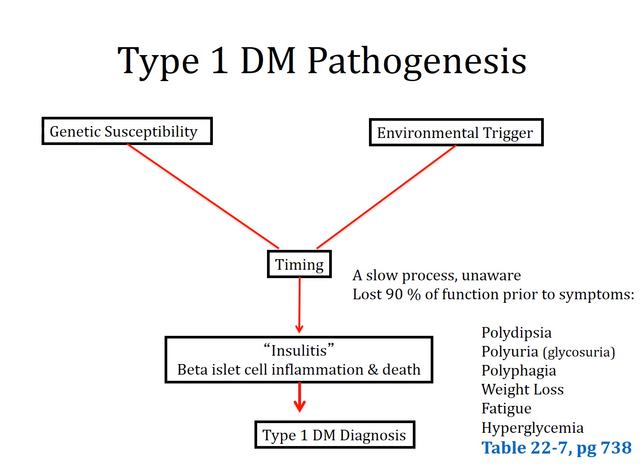Normal states should not have any sugar in the urine, so glucosuria is the presence of sugar in the urine. Polyphagia, eating a lot, losing weight, feeling tired, and again, elevated blood glucose. These are the primary clinical signs and symptoms of type 1 diabetes mellitus. Please review that on page 738 in that table.